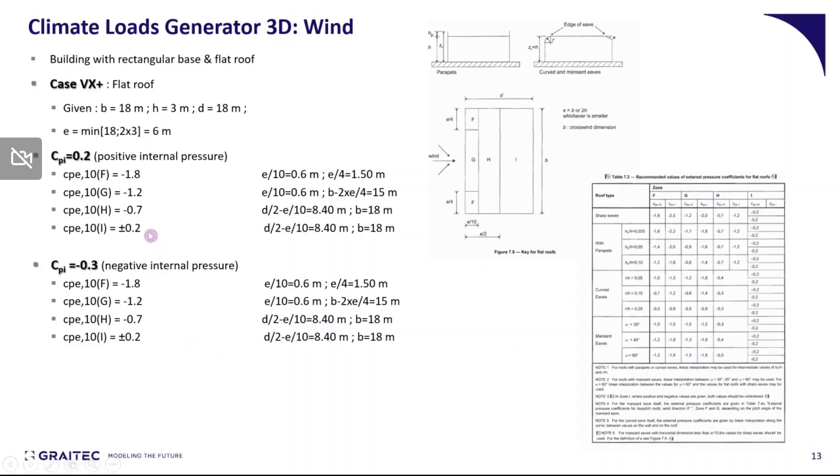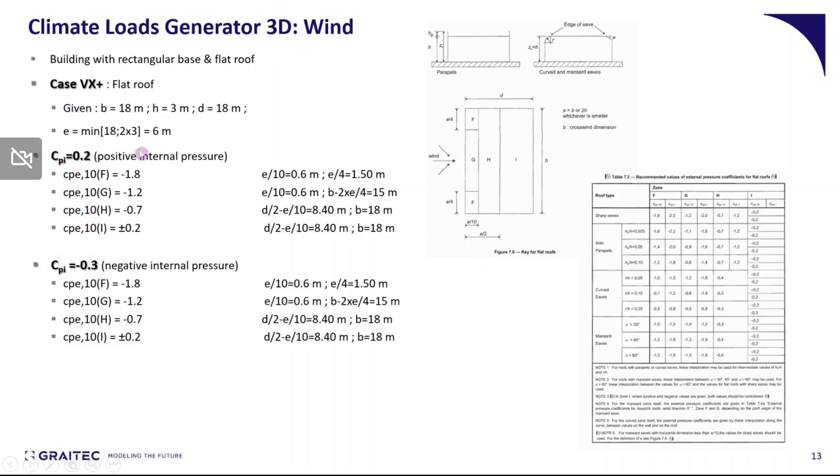One observation here is, as you can see, for zone I, there are 2 different values of Cpe, which means that 4 different combinations need to be created. For example, I'm going through this one first.